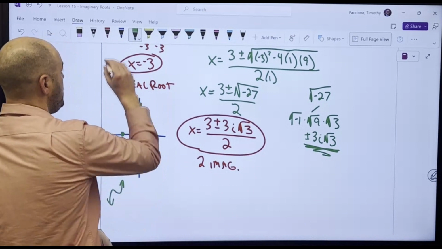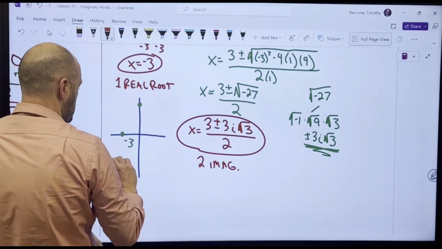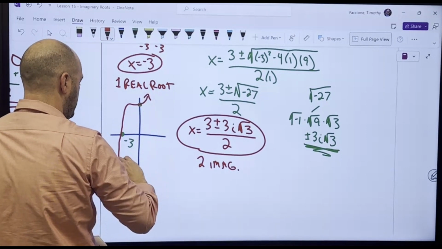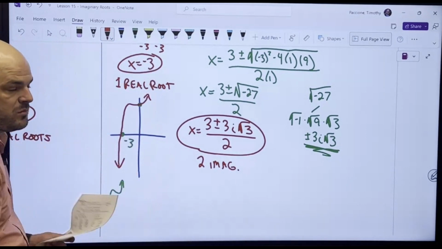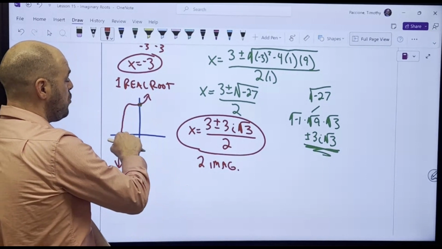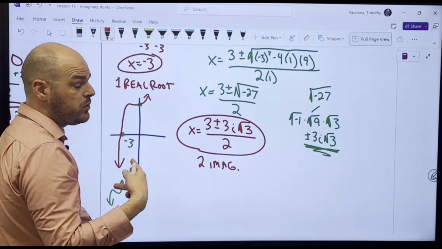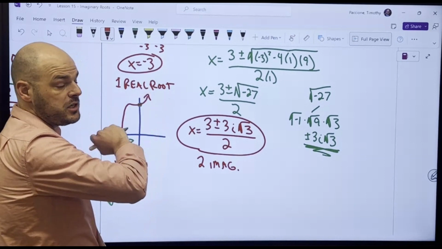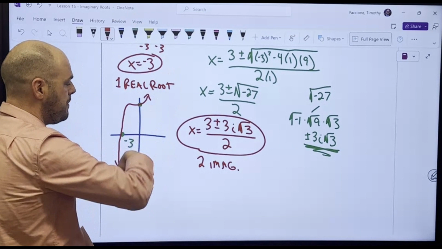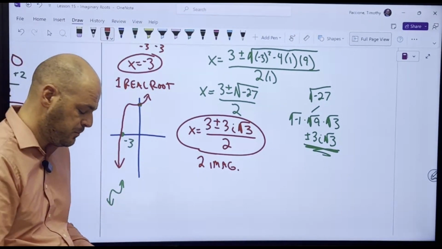So it must start from the bottom, come up here, and go up through there, right? So it's a cubic function. Maybe you can do better than that. I kind of ran out of room, right? It goes through the one real root. It crosses its single root, right? It must have two imaginary roots because it's cubic. So it has 3, and then it never comes back and never touches the x-axis, okay?